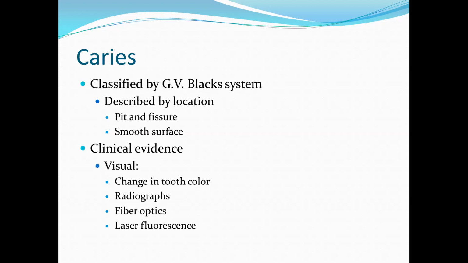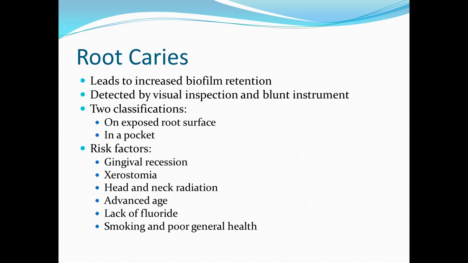There are other diagnostic tools that can fluoresce inside the mouth to show us changes in illumination, to show decalcification, and gives us a rating for that. You're also looking for root caries, right? This leads to an increased biofilm retention.